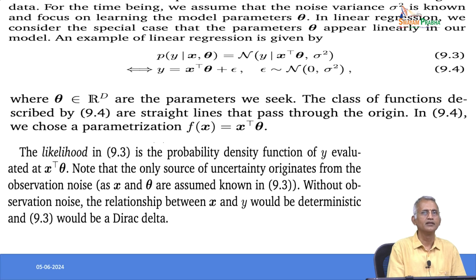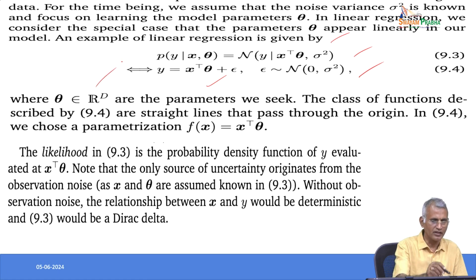An example of linear regression is given by p(y|x, theta) = N(y | x^T theta, sigma^2) if and only if y = x^T theta + epsilon, where epsilon ~ N(0, sigma^2), where theta in R^D are the parameters we seek. So, the class of functions described are straight lines that pass through the origin.